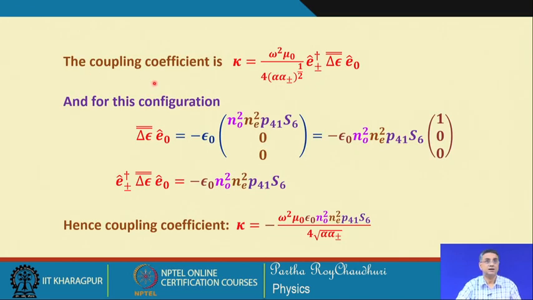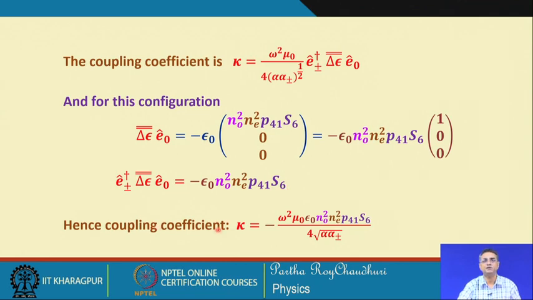In this case, the coupling coefficient k is given by this, which is the same expression, but now we have been able to evaluate this quantity. So, for this delta E and E polarization of the incident beam, we get this quantity which is X polarized, and therefore, this quantity gives you this scalar epsilon 0 n o square n e square, then P 41 and S 6.